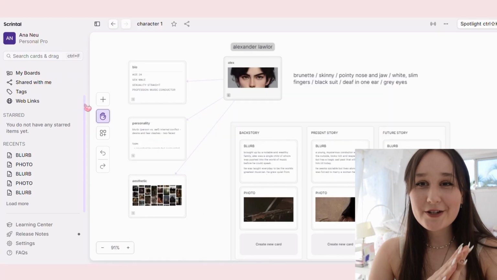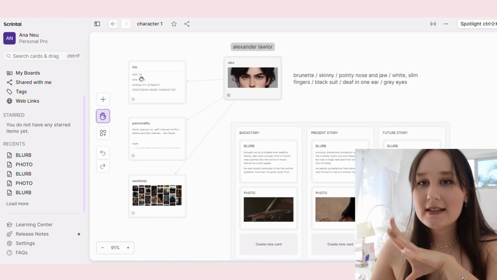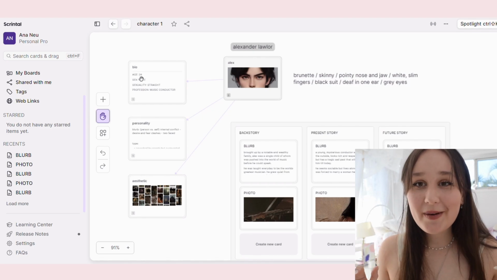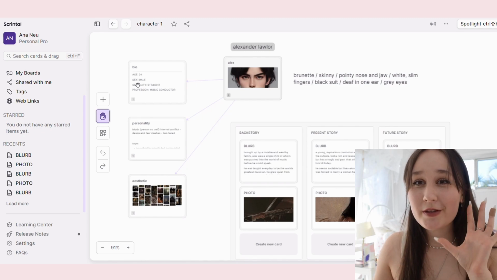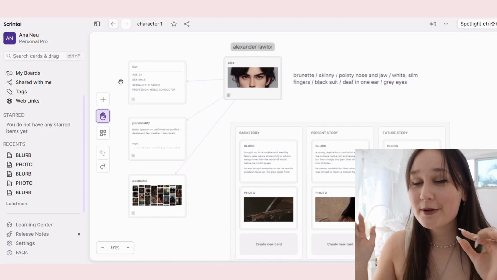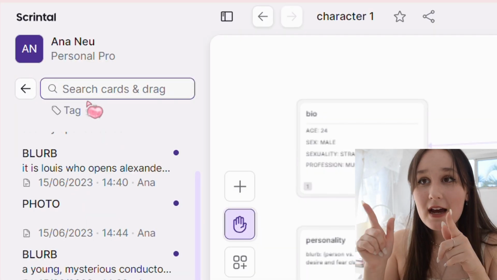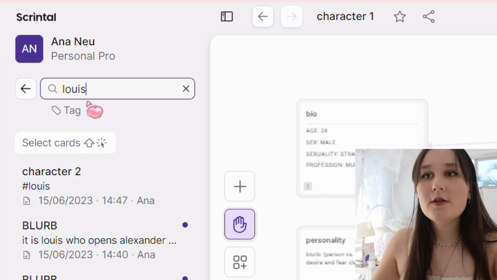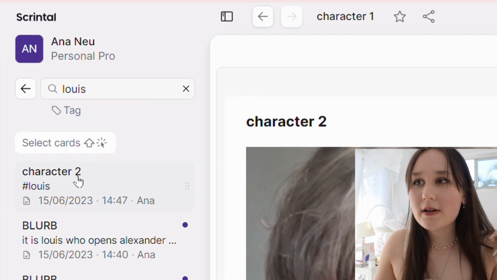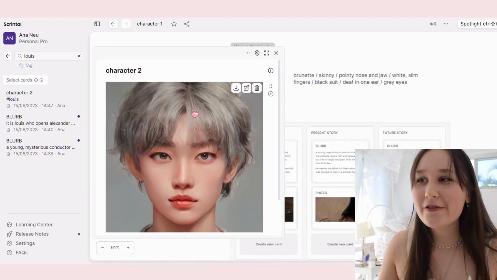Something I really want to quickly show you before you go is what I talked about at the start of the video, the database, which is really cool, because with Scribble you can link different things together. If I want to look at Lewis, I can type in right here, Lewis, and look, I can tap on here and here's Lewis. Here's a character profile of Lewis.